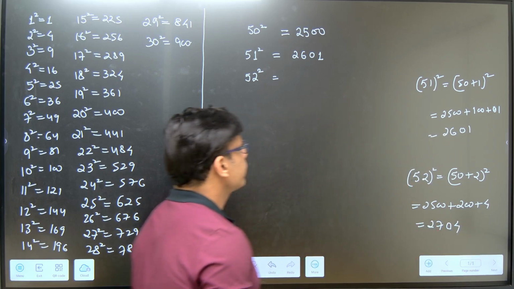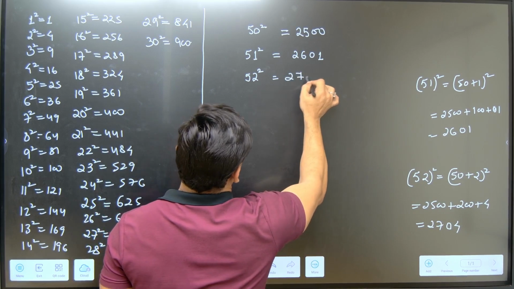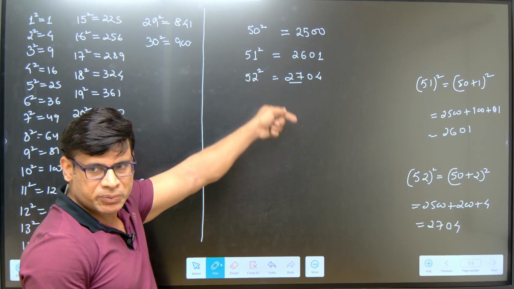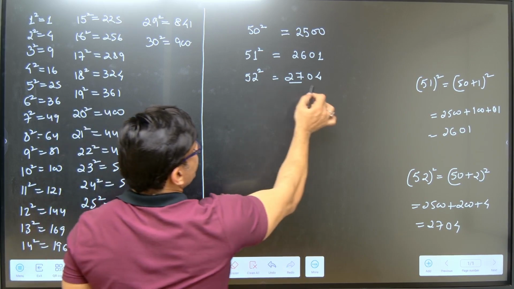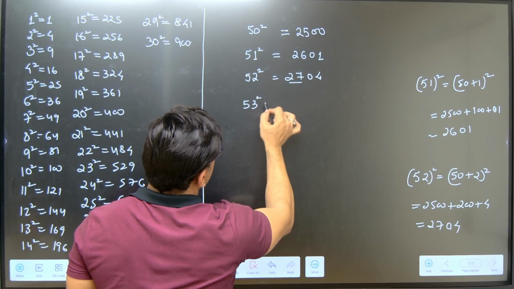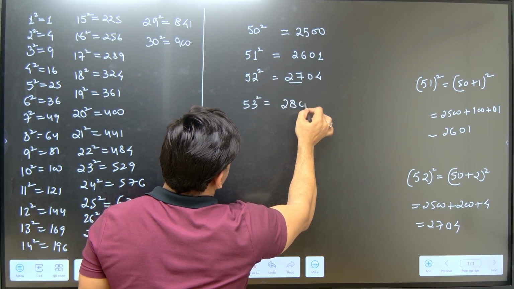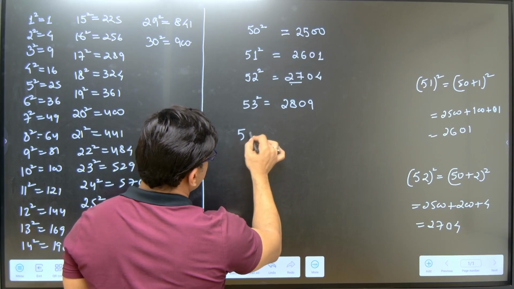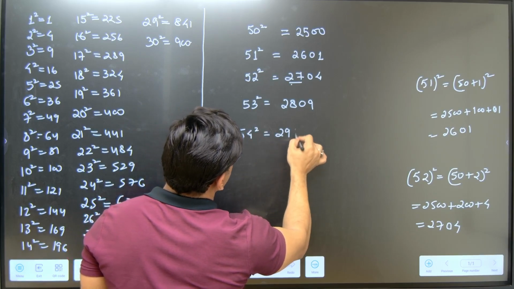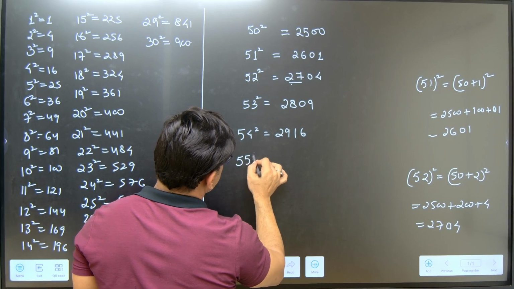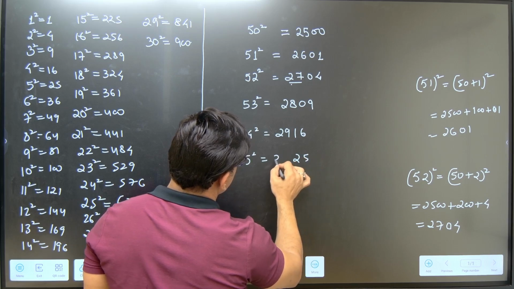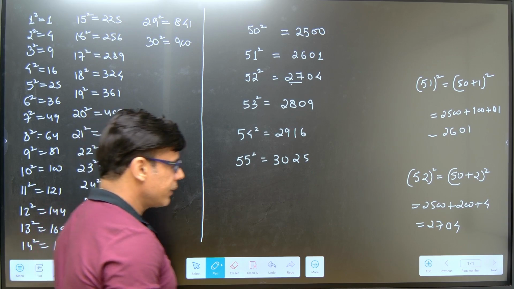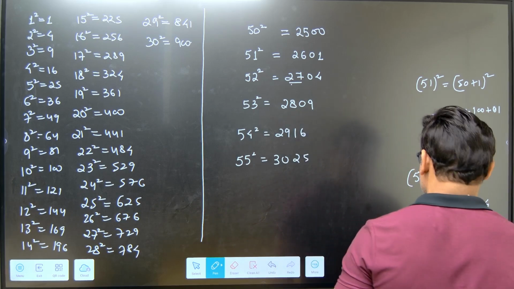See how this is moving. 52 square is 2704, the first part increasing by 1: 25, 26, 27, and the last part is 2 square, 04, then 1 square. Similarly, 53 square is 2809, 27 becomes 28. Then 54 square is 2916. And 55 square, the last bits 25, and this is 3025. Note this down.